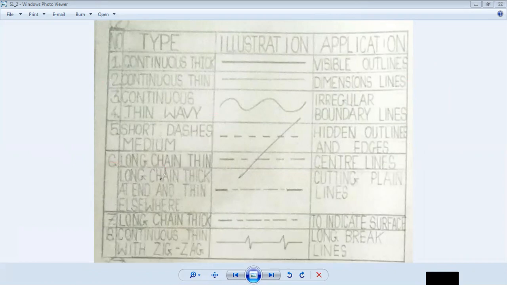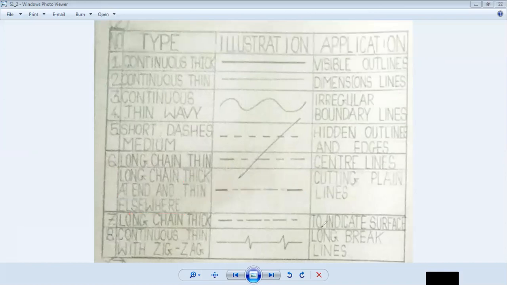Then we have long chain thick at ends, thick at the ends and thin everywhere. Those are the cutting plane lines. We will see that in projection of solids. The end points are thick. Otherwise it is a chain, like a regular center line, but these two end points are thicker.